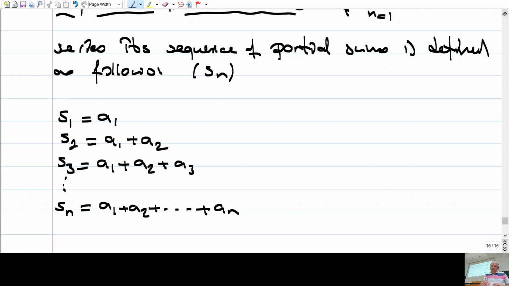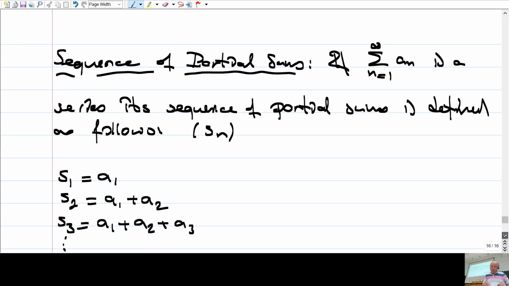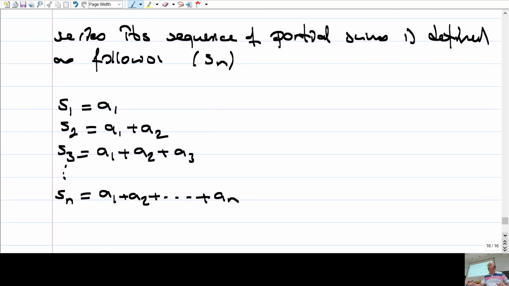This summation is a formal object, and from this formal object, I write down a sequence of partial sums. Why do we call it partial sums? Because you take the first n terms and add them up, so you take a partial sum of that infinite summation.